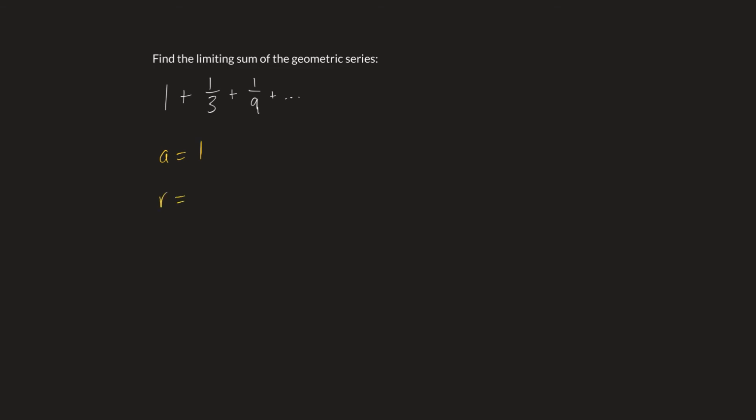Now r, we can go a third divided by 1, which is going to equal 1 over 3. So our limiting sum is equal to a over 1 - r. So that's going to be 1 over 1 - a third, which is going to equal 1.5.